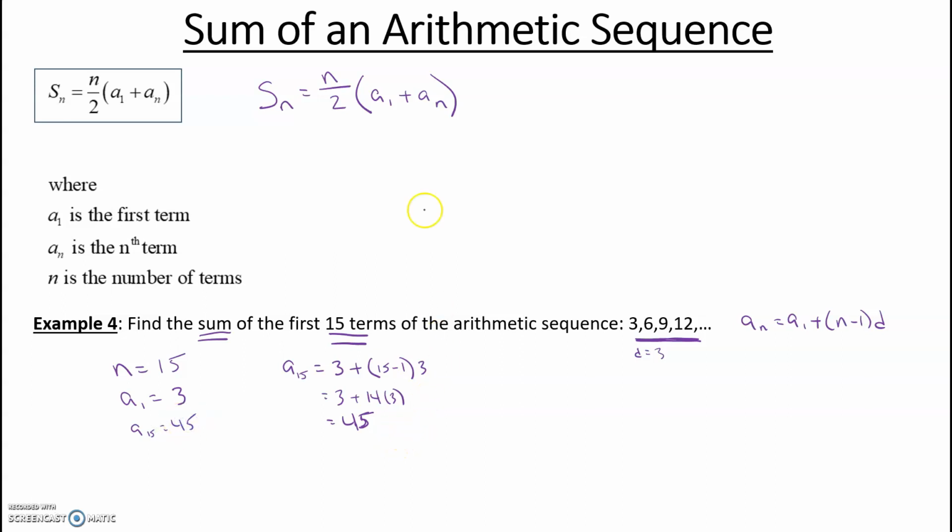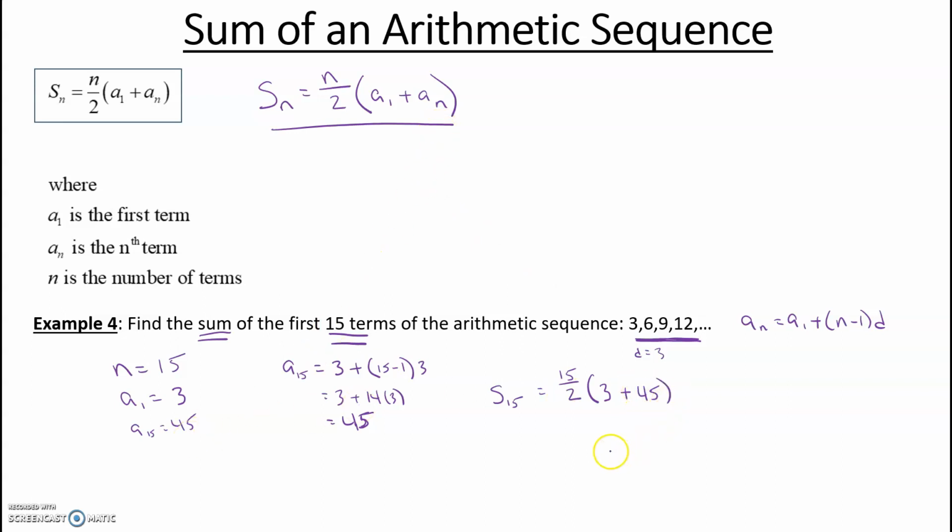So now that we have all of our information, let's find the sum. So the sum would be 3 plus 6 plus 9 plus 12 for the first 15 terms. I don't want to sit there and type all that out, so I'm going to use my formula. So the sum of the first 15, again, there's 15 terms divided by 2. The first term was 3, and the last term was 45, right?